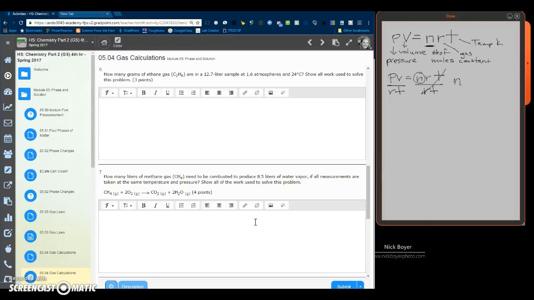And so my new formula is that the number of moles of a substance is going to be equal to the pressure times the volume divided by the constant times the temperature.